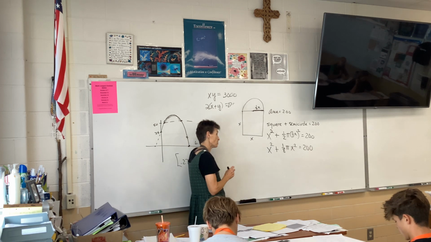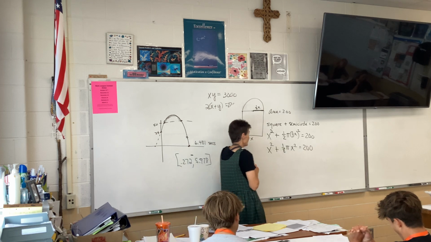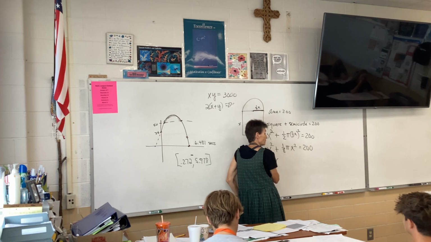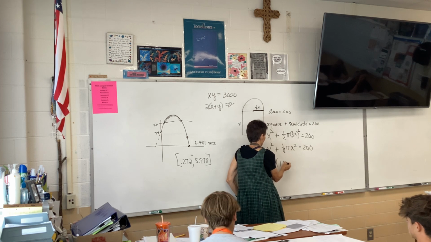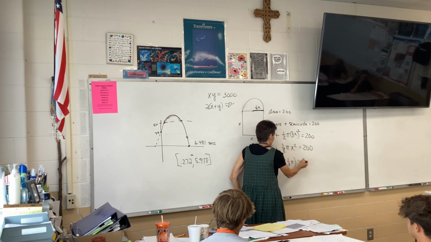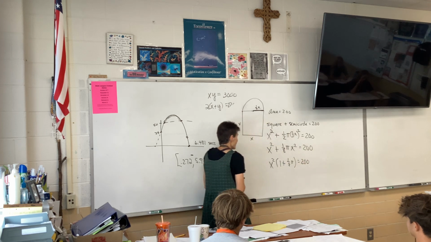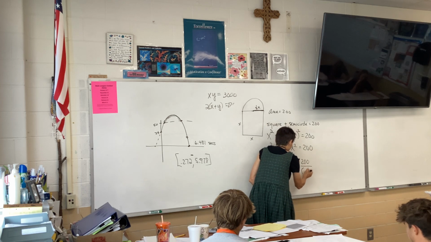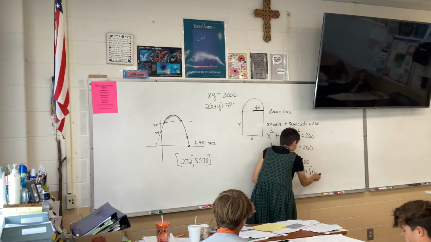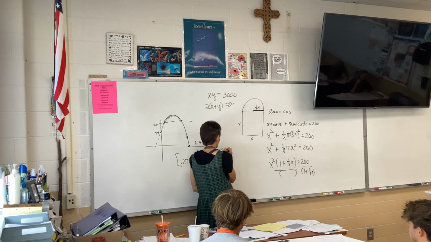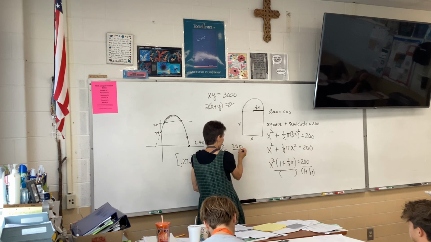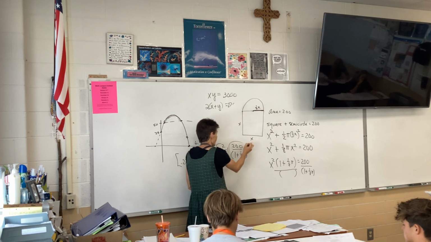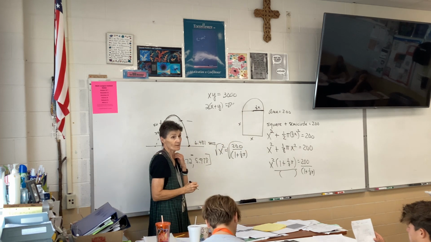Now, this one is actually a little easier than it could have been because we can actually factor out an x squared. And then we can divide by this parentheses. So x squared equals that, yes. And then our answer will just be the square root of that.